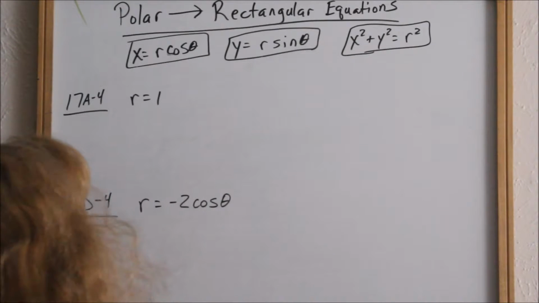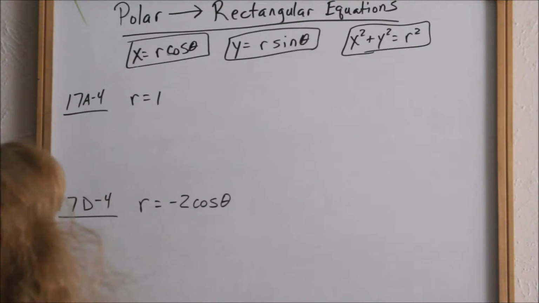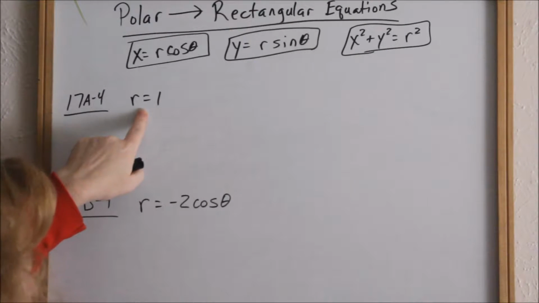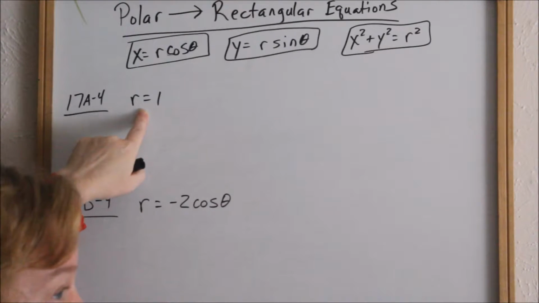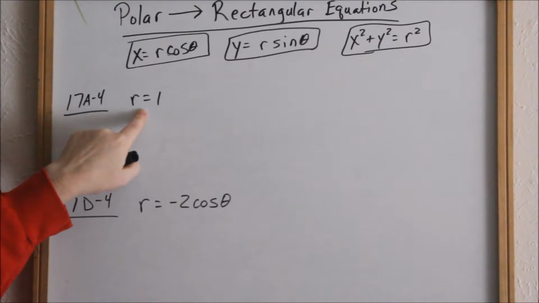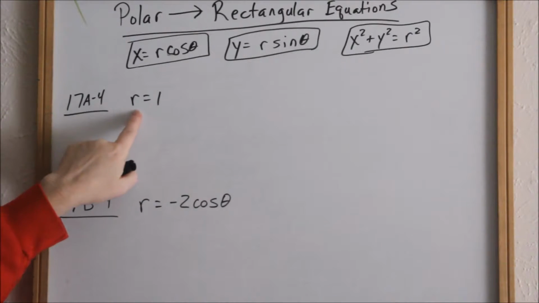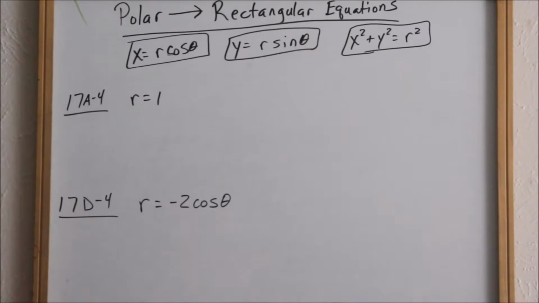Okay? And again, sometimes these get tricky on how to leave the final answer. Here we have r equals 1. We don't have any cosine thetas or sine thetas, but if we can get this to an r squared, then we can replace it with something. So how can I make this an r squared? Square it.